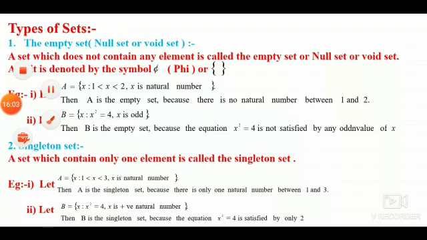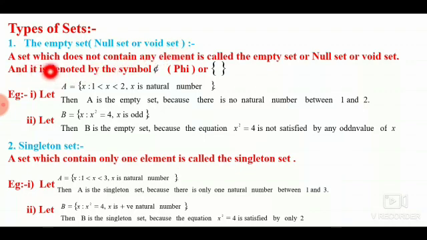Now dear students, let me start with types of sets. There are different types of sets. The first one is the empty set, also called the null set or void set.